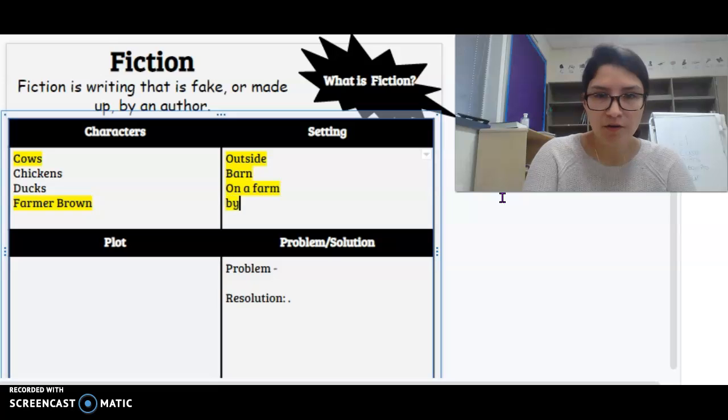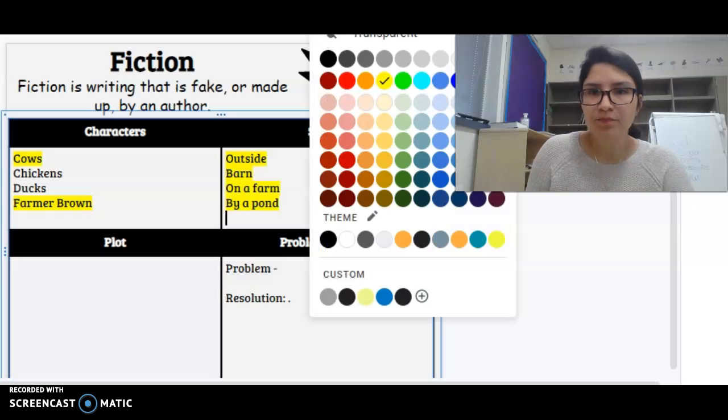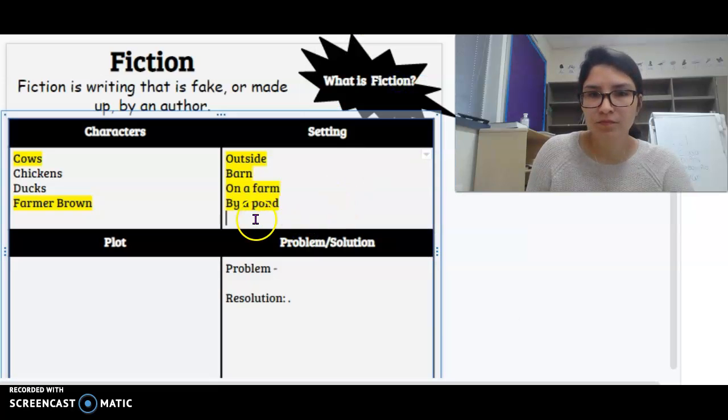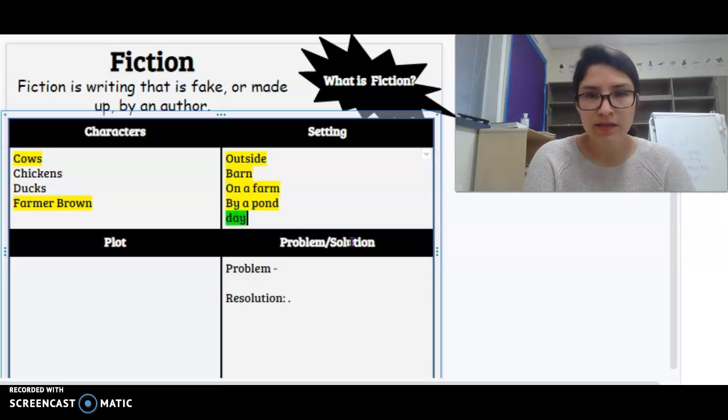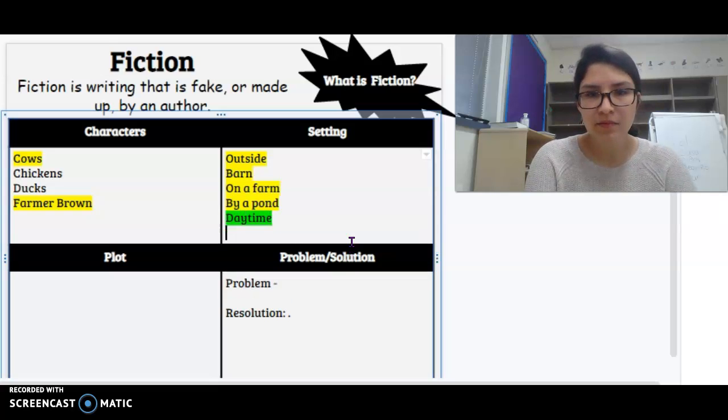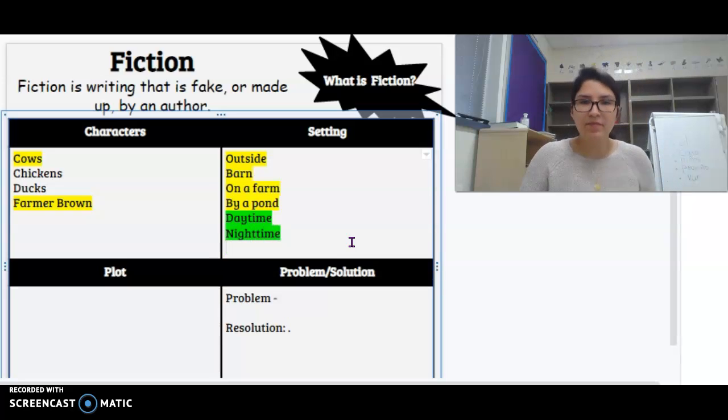By a pond, at the very end. All right, now, this is where, when, daytime and nighttime. Daytime and nighttime. Where? Outside, in a barn, on a farm, by a pond. When? Daytime, nighttime. Plot. Okay, let's go ahead and talk about plot.